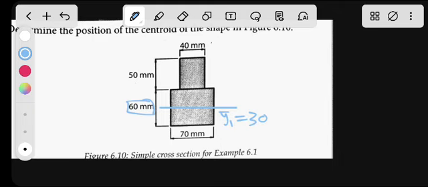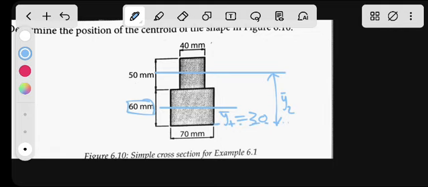What about y2? It is supposed to be in the middle of this object. If we take the reference from the bottom, we'll have our y2 from the bottom up to the center of object 2.